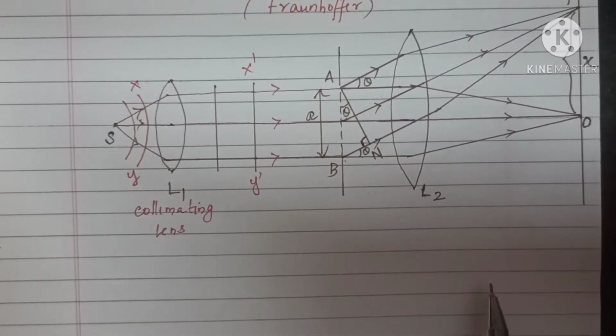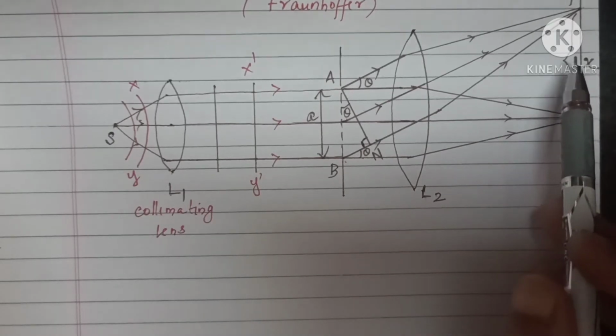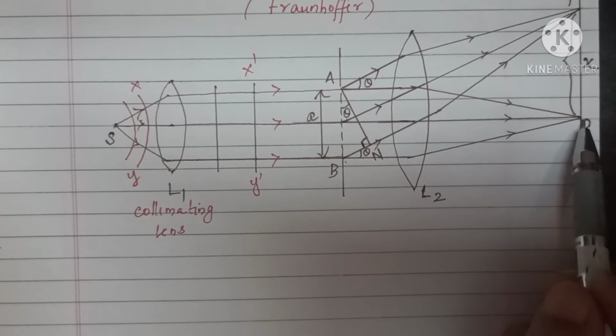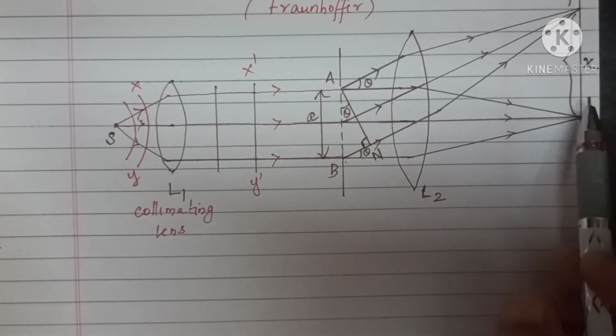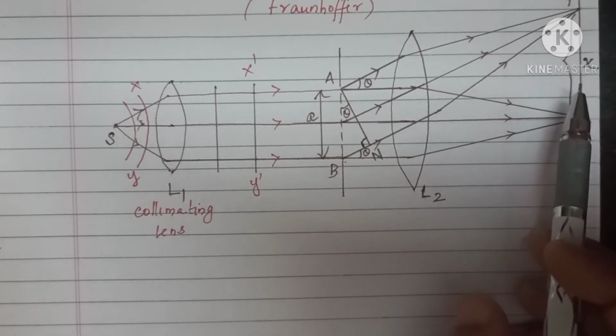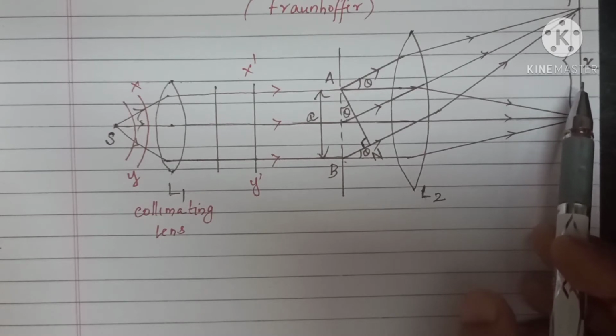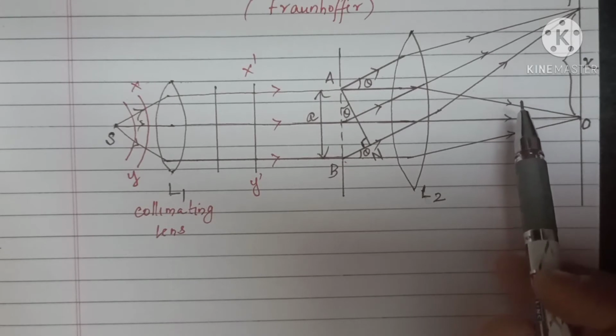Then followed by a number of alternate minima and maxima. That means since this is the central maximum, the next point will be dark. Intensity is less, so it can be called minima, and then again maxima. In such a way we can see the patterns on the screen.